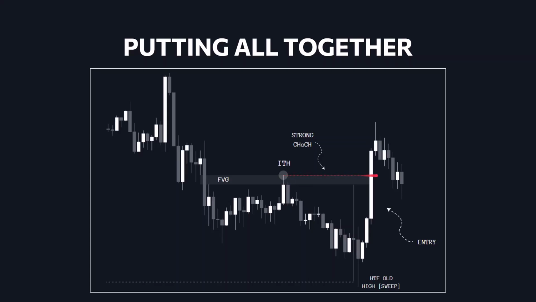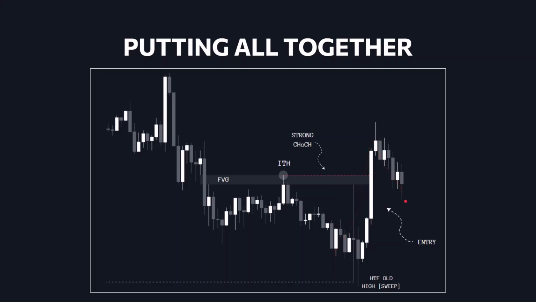So that's gonna be our change of character, and it's not a normal change of character. It's not only the last swing before the sweep right here. No, it is an intermediate high because it was in a fair value gap. Price comes down, breaks this. So this break is giving me a higher probability indication that the trend will be changed, and I need to change my bias to bullish now.